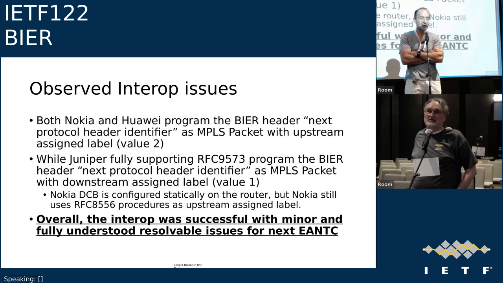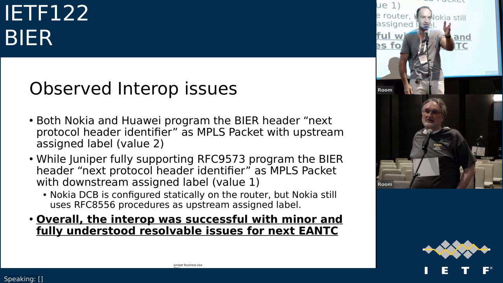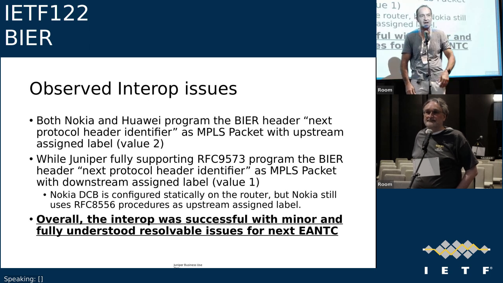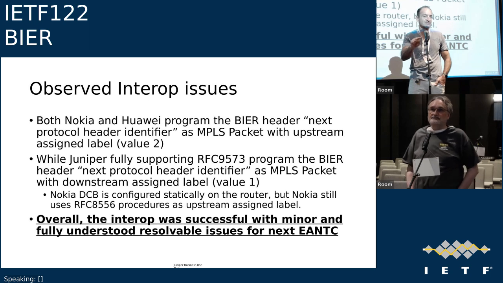And next year, all the joking aside, we will put the P router in the middle. The reason that we didn't do it this year, though we were going to, is that when we hit this interop issue, we didn't feel it would be beneficial to go to the next step.